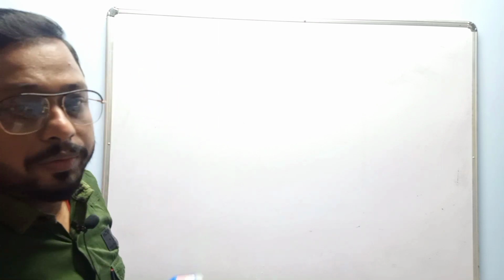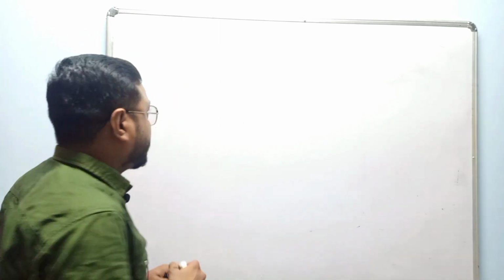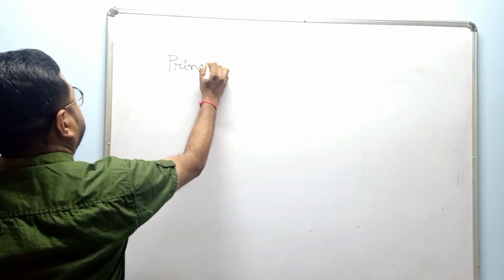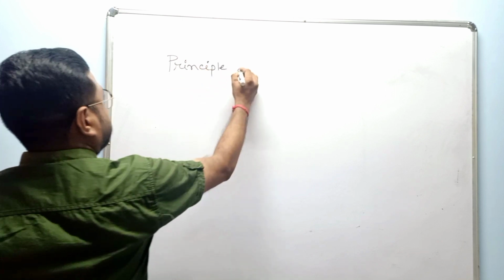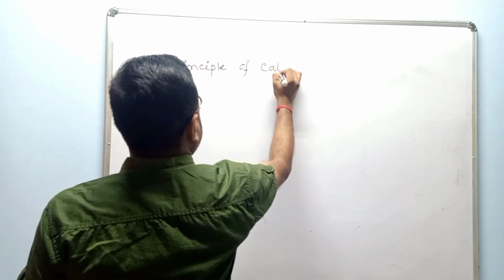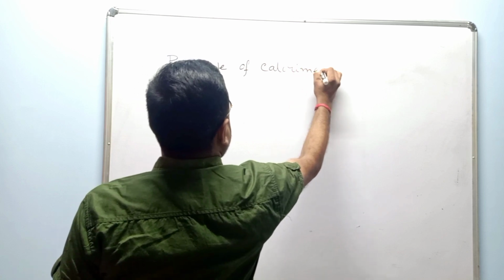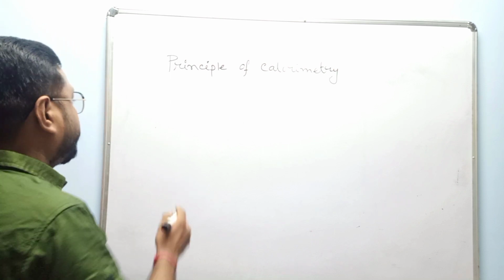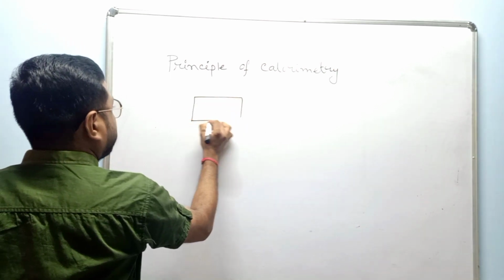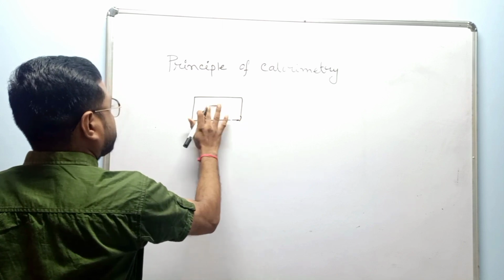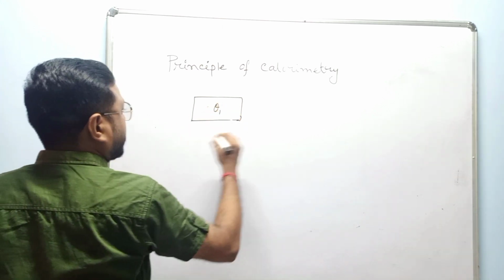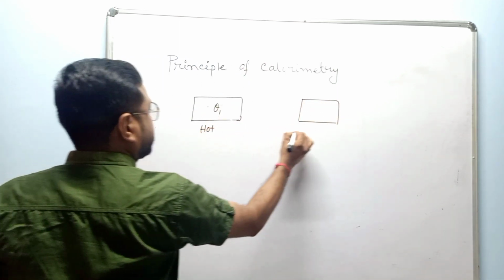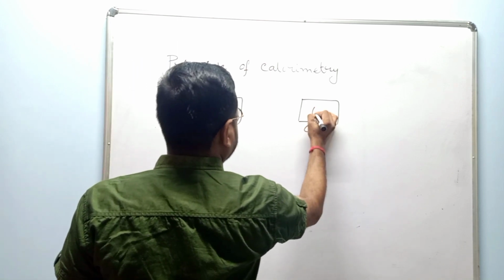Next we will go with the principle of calorimetry. I know you have read it in the board exam or in lower classes. If there are two bodies, one is a hot body at temperature theta 1 and the other is a cold body at temperature theta 2.